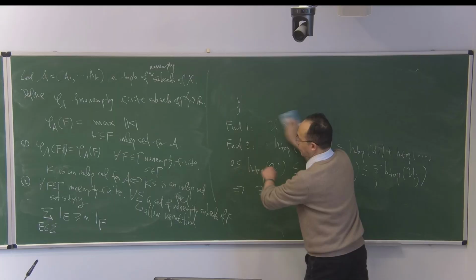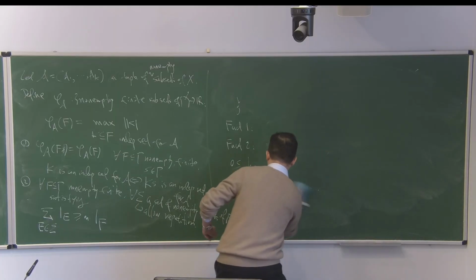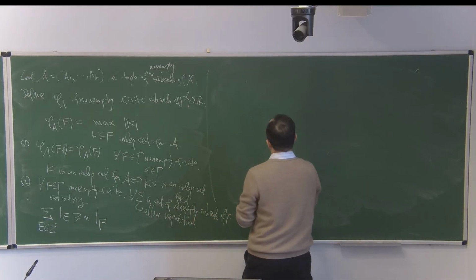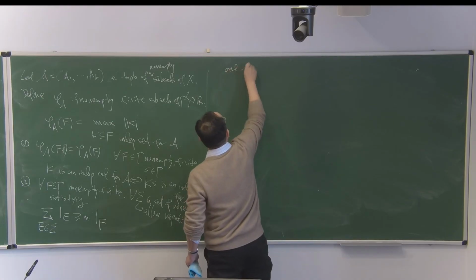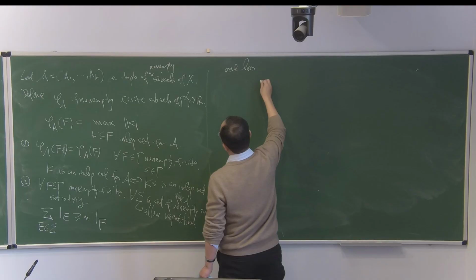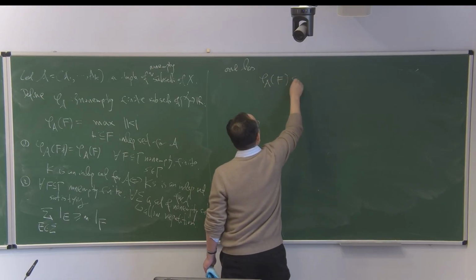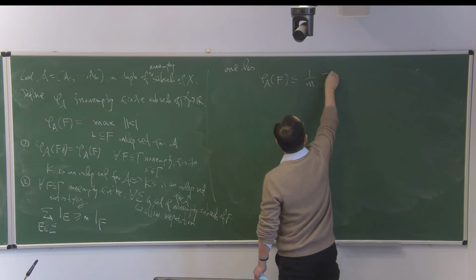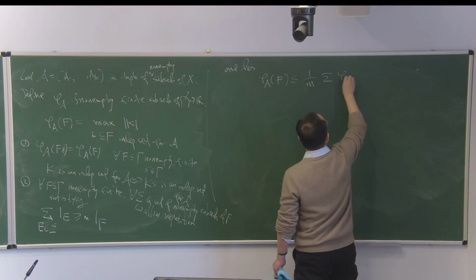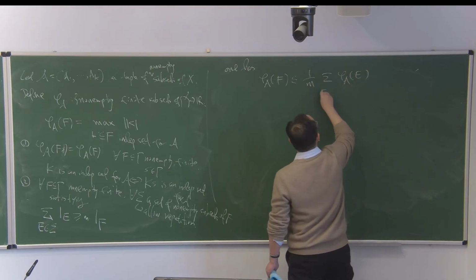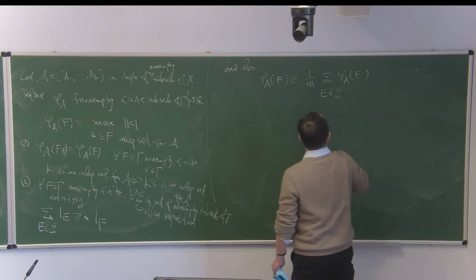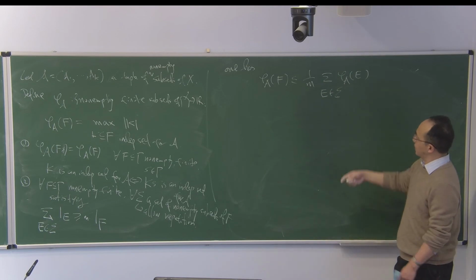That means every point in F is covered by the sets here at least m many times. So under this condition, one finds that the value of F is at most the sum of the values for E, where E is inside of the set here, added together and then divided by m.